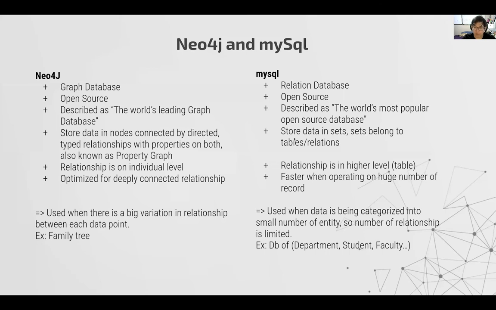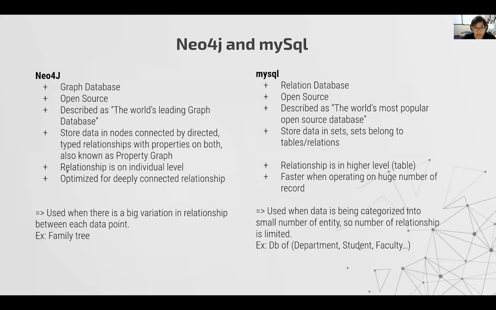And in MySQL, we store data in sets, and the set belongs to a table or a relation. The set is basically a row of data in a table, like we already studied. This is a major difference between those two.